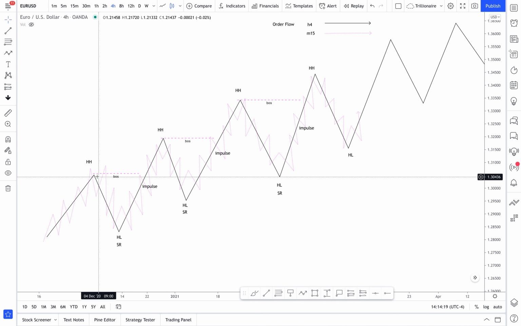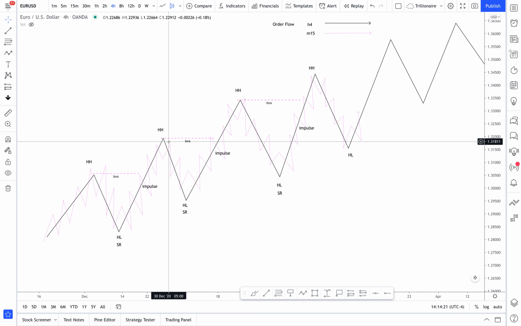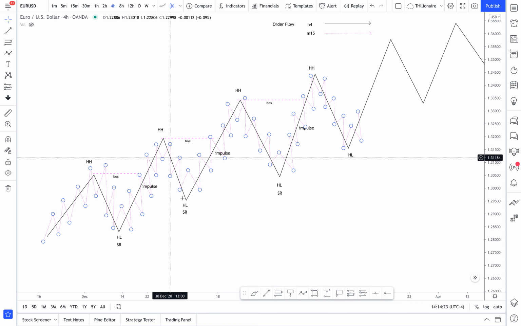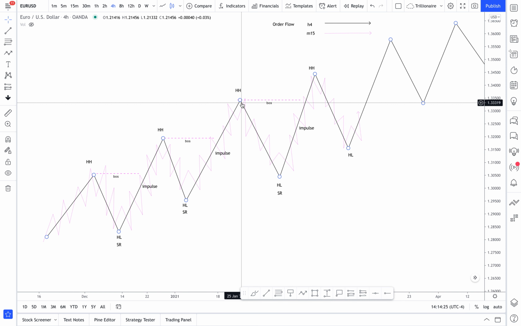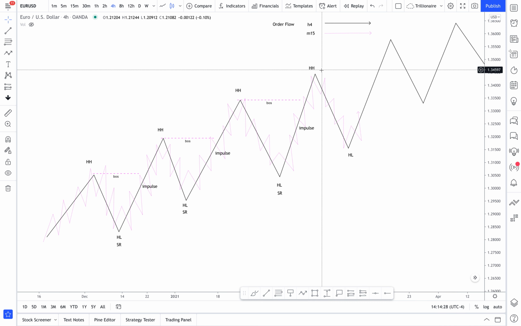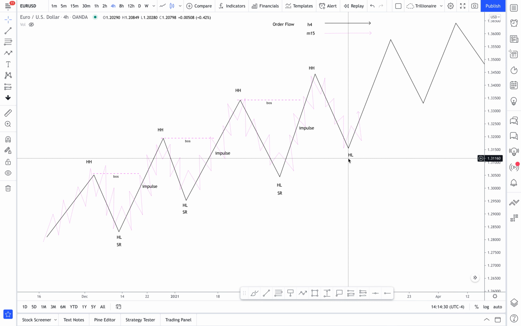So while you're creating your impulse moves, higher lows, successful retraces, impulses, higher lows, successful retrace, you are going to be eyeing everything on the lower time frames.